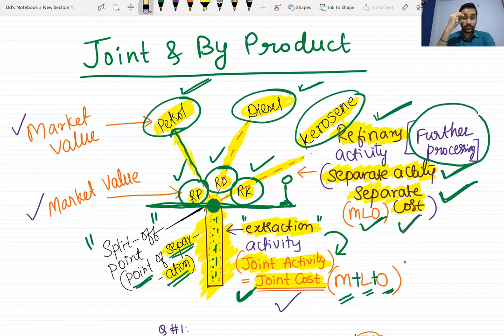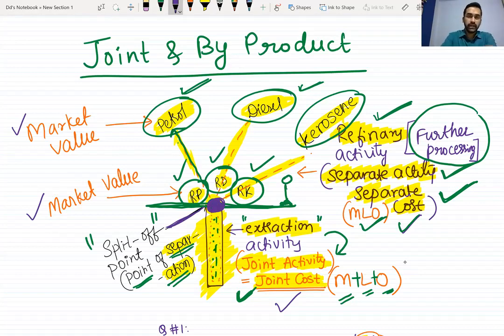Right, next. Draw this point of separation. Here it is, point of separation. Yes, point of separation, or what is the other name? Split off point.